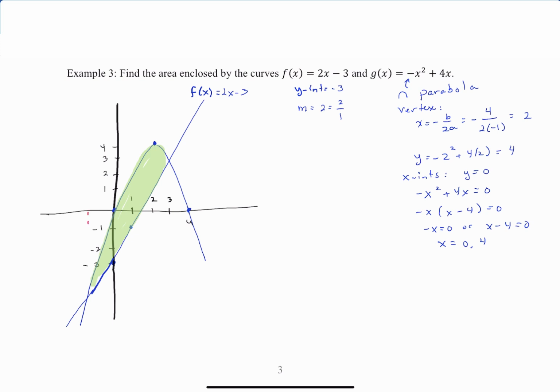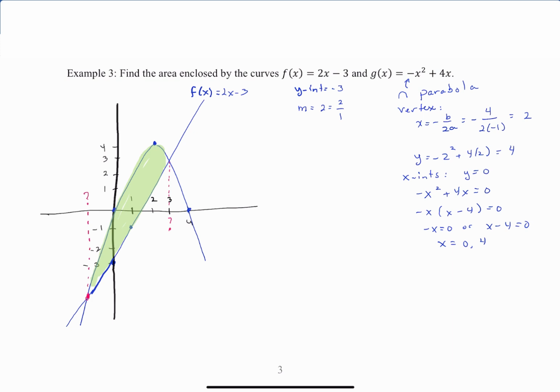So we need to integrate from there to there. Now that right-hand endpoint, it looks like a 3, but we can't tell from a rough graph like this, and we have no idea what that left endpoint is.